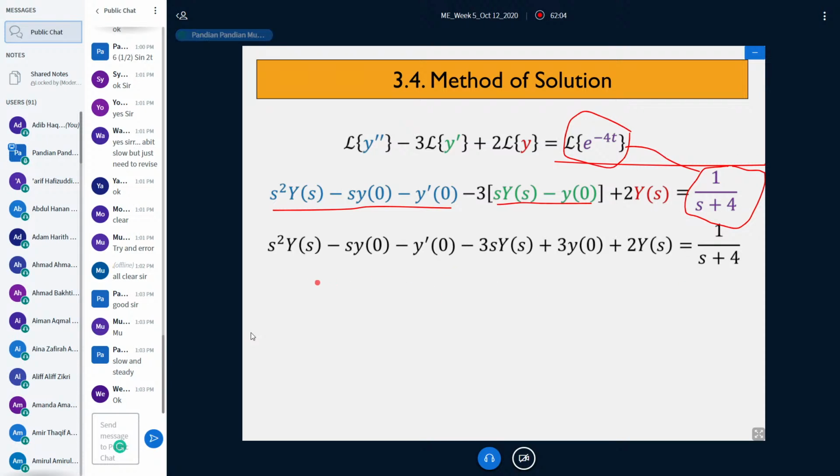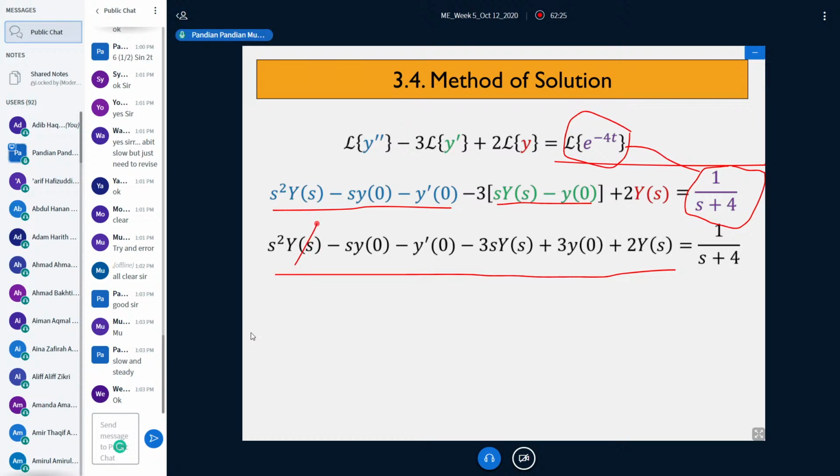Now, this one, you are just removing the bracket, and then later we simplify. s²Y(s) minus s y(0) minus y'(0) minus 3sY(s) plus 3y(0) plus 2Y(s) equals 1 over s plus 4.